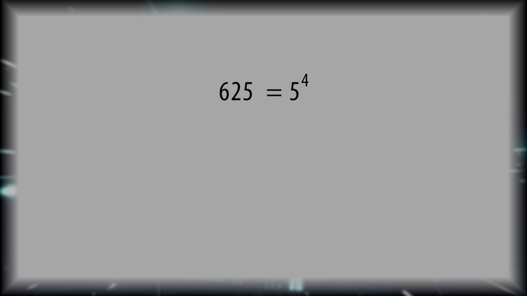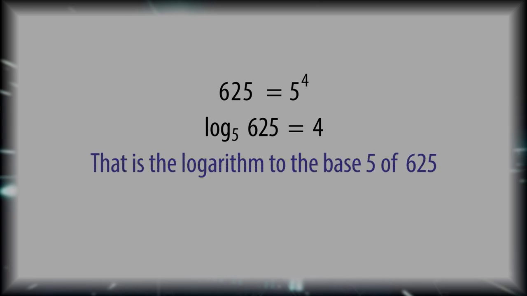625 is equal to 5 raised to the power 4. Change that to log form. You write your log. The base is 5. The number is 625, and that should be equal to 4. So we have log base 5 of 625 is equal to 4.